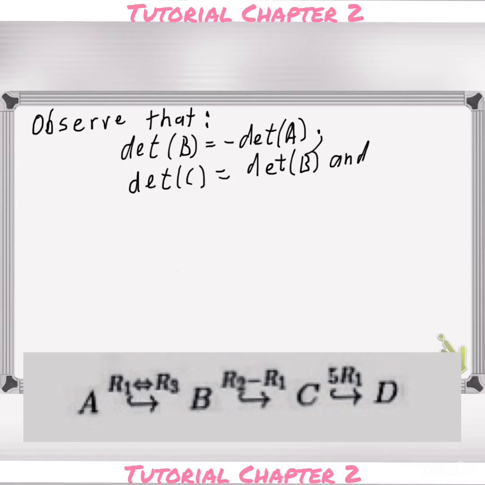To go from C to D, you have to multiply the first row of C with a scalar 5, and therefore we know the determinant of the new matrix is the scalar times the determinant of the old matrix. So therefore the determinant of D is going to be the scalar, which in this case is 5, times the determinant of the old matrix, which is the determinant of C.